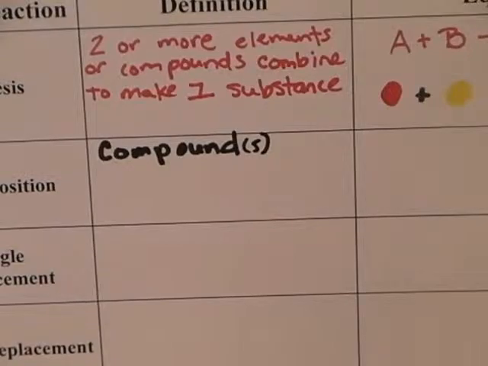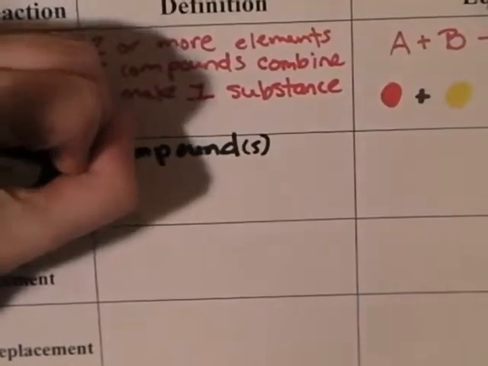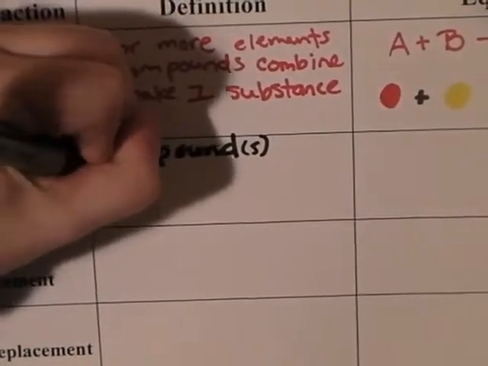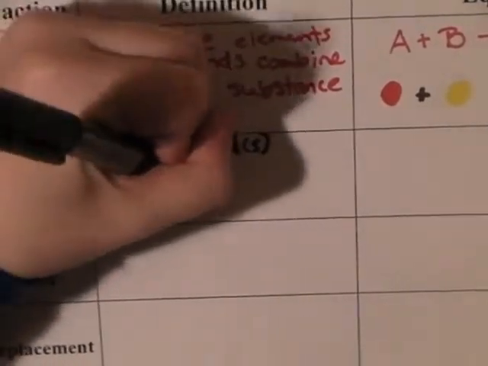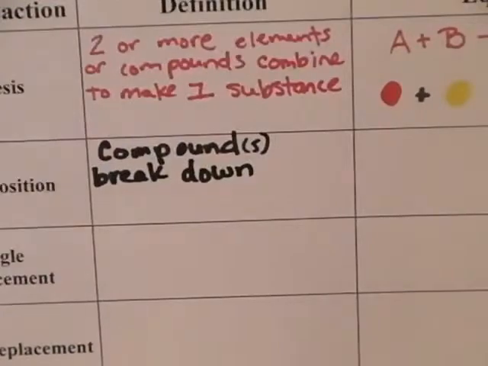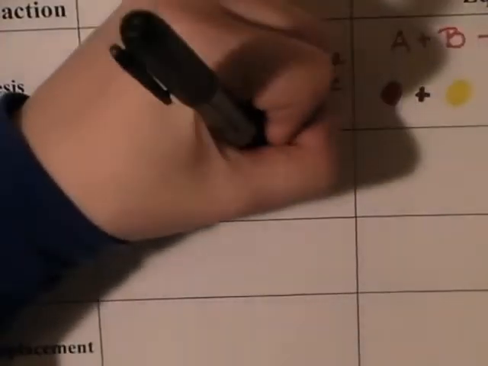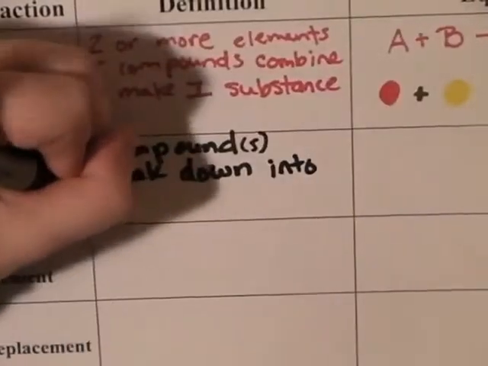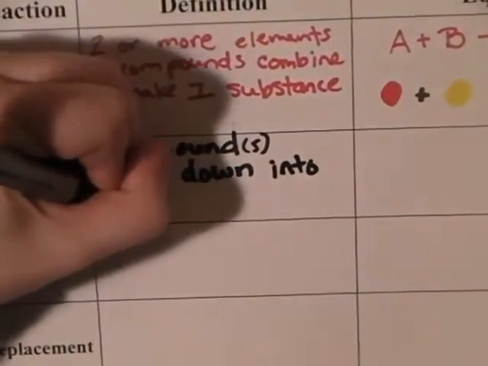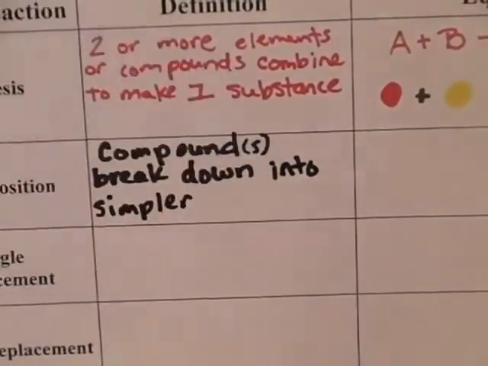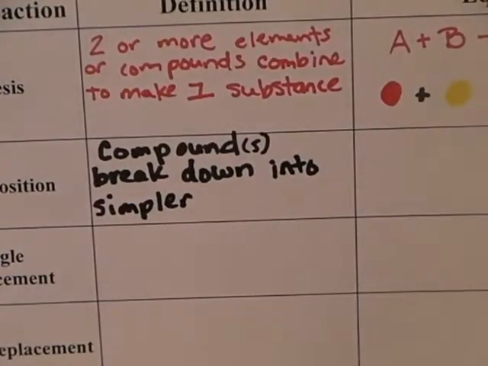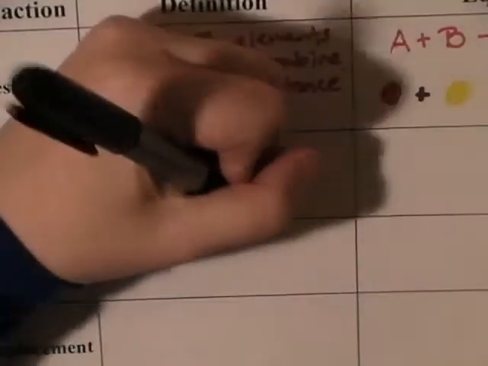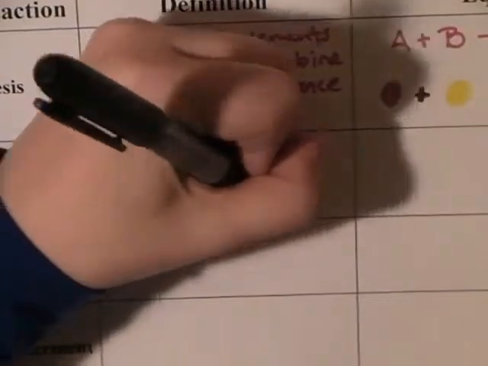It's almost always just one, but it could be more than one. So compound or compounds break down. Compound or compounds break down into simpler substances. I don't want to just say elements because they can break down into other compounds, they're just smaller. So I'm going to say substances instead.